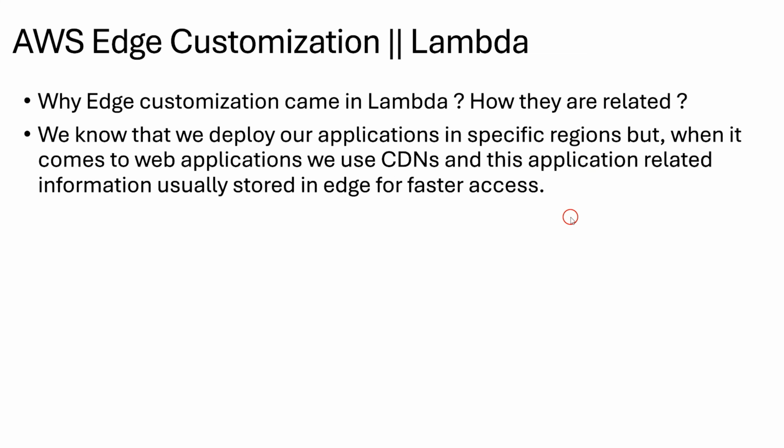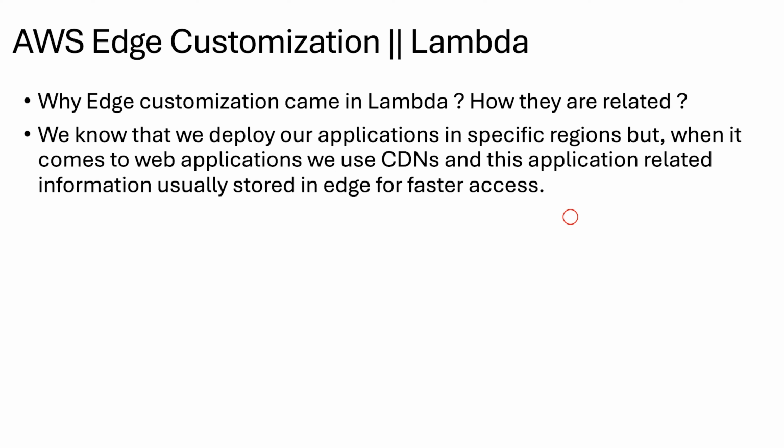So, we know that we deploy our applications in specific regions, but when it comes to web applications, we use CDNs, and this application-related information is usually stored at the edge for faster access. So, I will explain clearly.